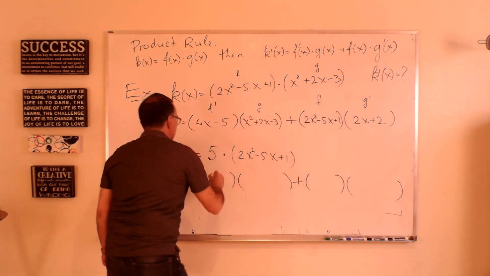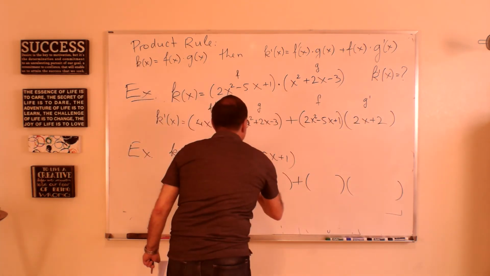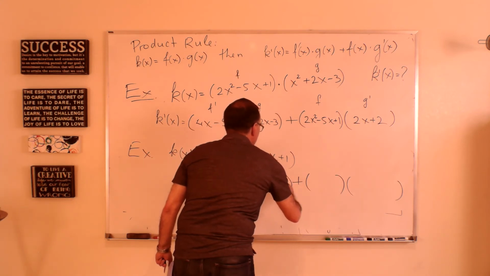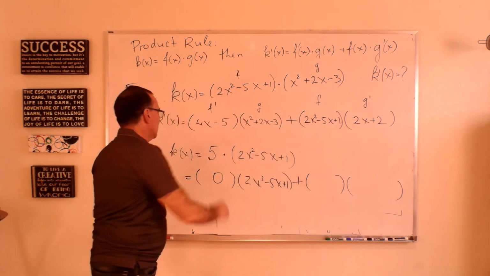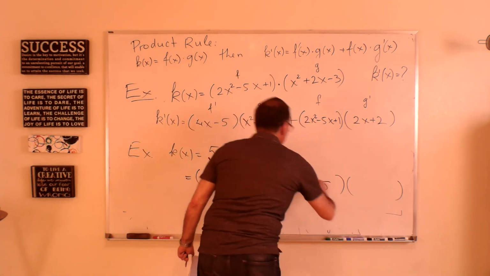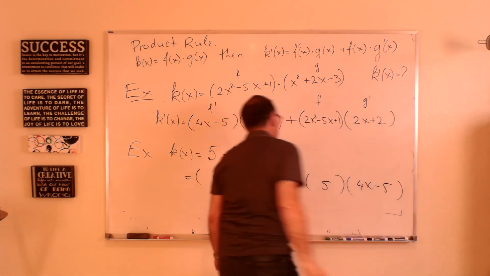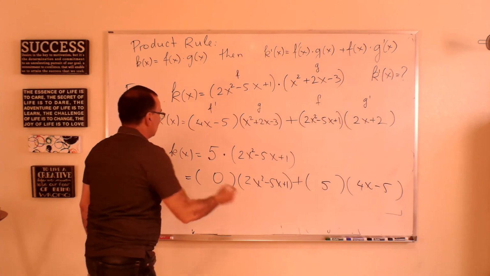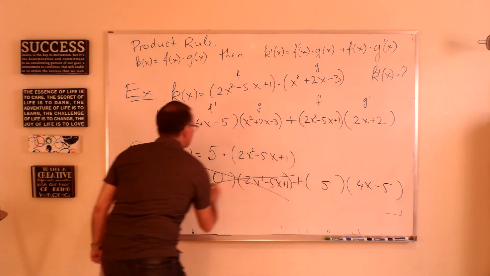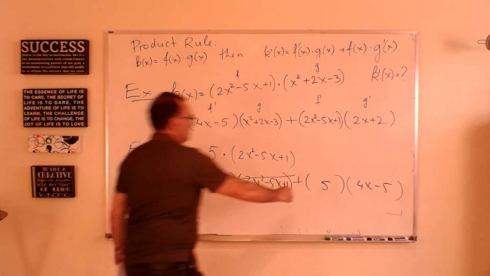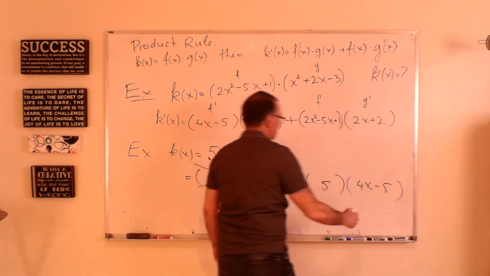The derivative of 5 is 0 times 2x squared minus 5x plus 1, and then plus 5 times the derivative of this, 4x minus 5. But 0 times anything is just 0, so this portion disappears, and we just have this, 5 times 4x minus 5.